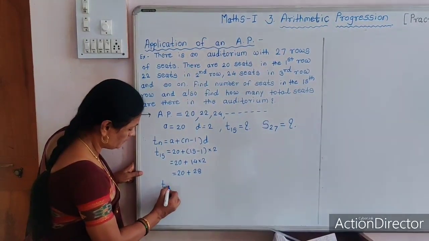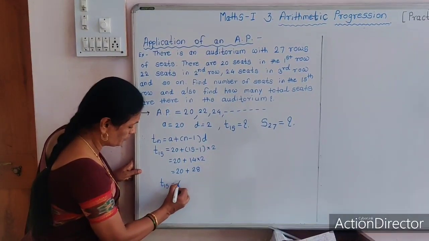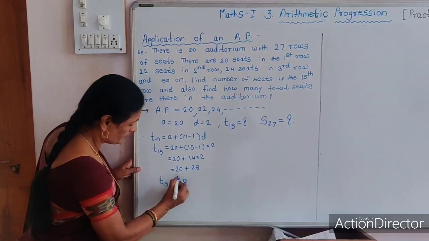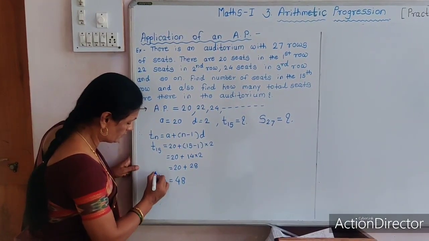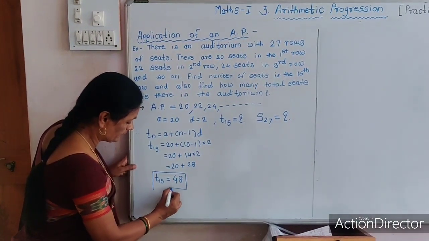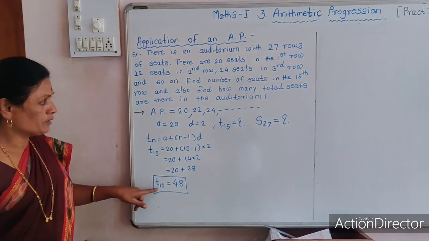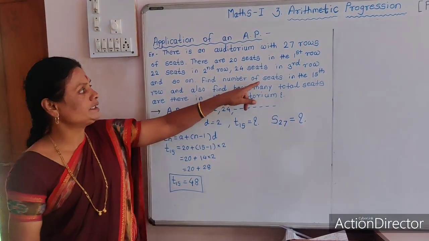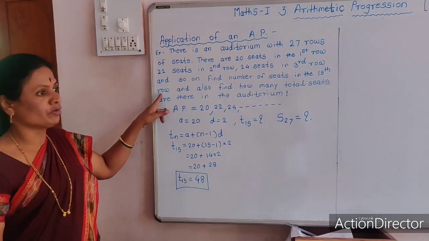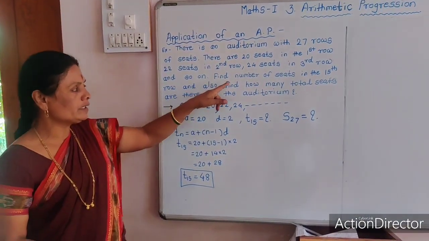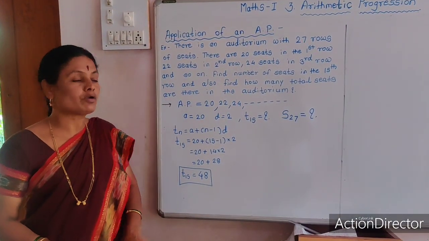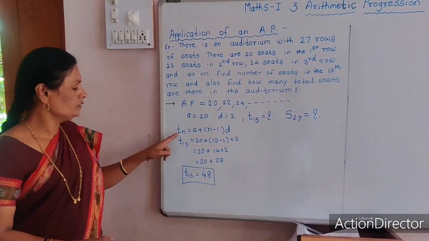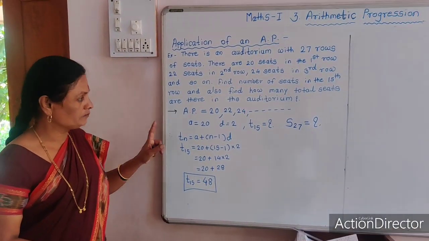Therefore T15 is equal to 48. We get the number of seats in the 15th row. To calculate the number of seats in a particular row, we use the formula of Tn.